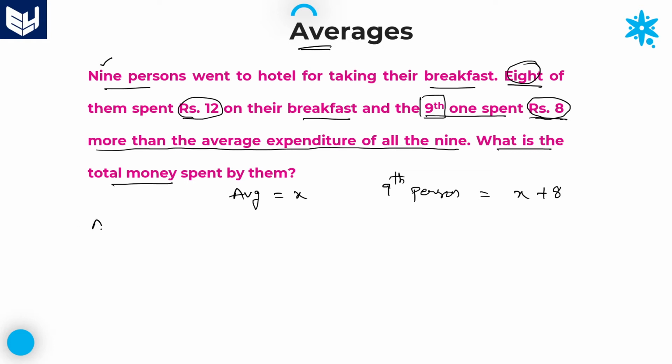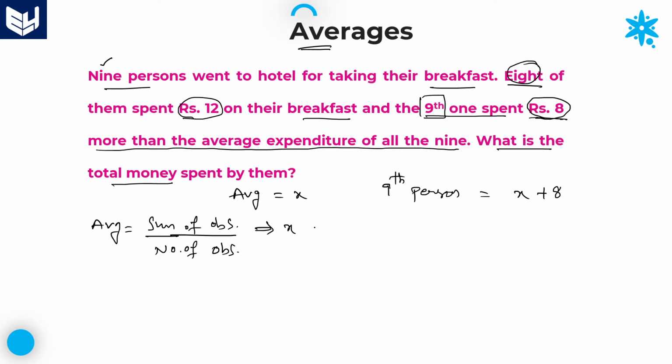Now, as we know, average is equal to sum of observations divided by number of observations. We consider the average as x.